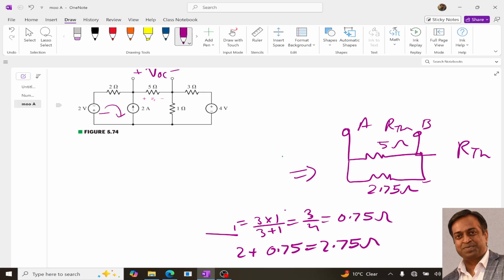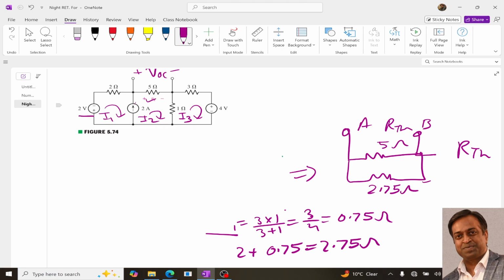Let this be the first loop current, this the second loop current, and this the third loop current. Since between the first and second loop currents we have a current source, the first and second form a super mesh. So I am going to write the loop equation for both 1 and 2 together.